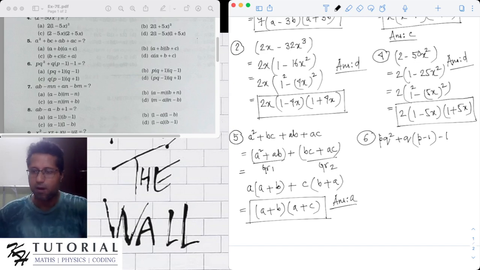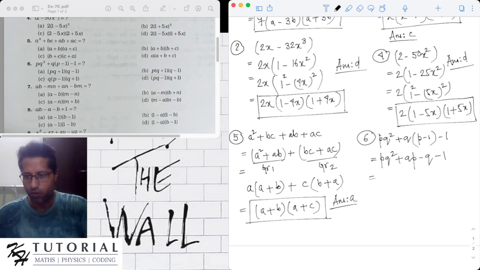Okay. So let's expand the product of q into p minus 1. So we get pq square plus qp minus q, and then we have minus 1. Now, what will be the groups?